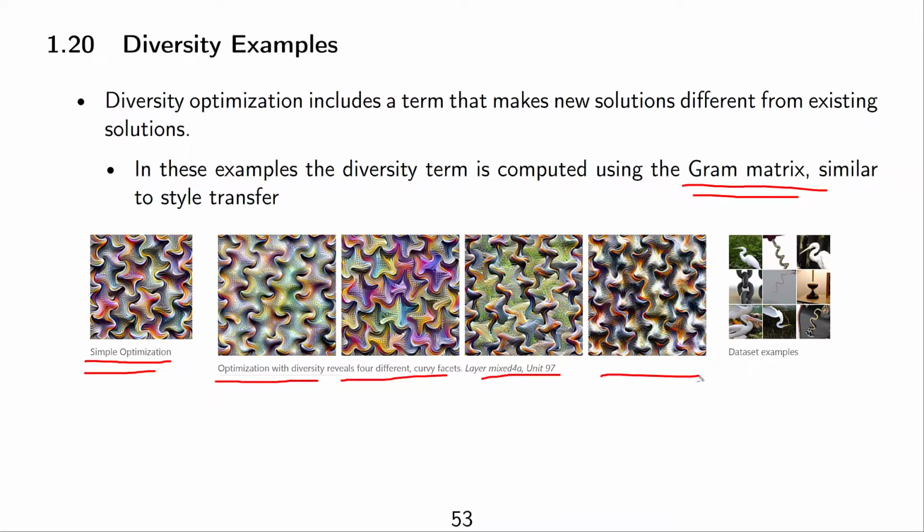So 1, 2, 3, 4. We can still argue a bit how different these are. In some sense, the shapes look characteristically similar, but looking at the one way to the right, this looks a lot more like an animal than the other 3, for example.